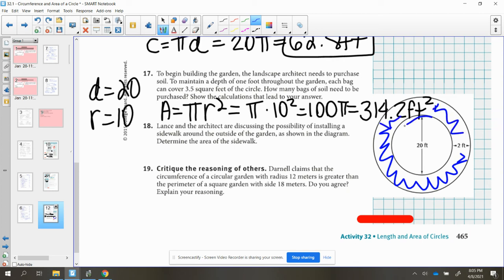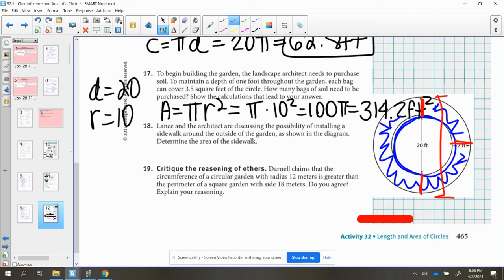Well, it's almost like we would have to cut out the mini circle inside of the bigger circle, aka subtract the area of our smaller circle from the area of the big circle. Now, the area of the big circle is dependent on the fact that there's this 2-foot walkway all the way around. So in this case, the diameter of the little circle was 20 feet.